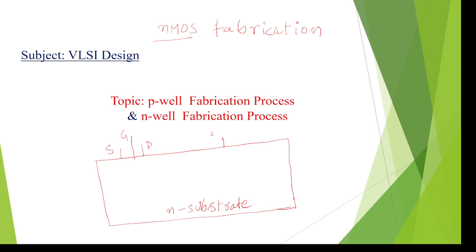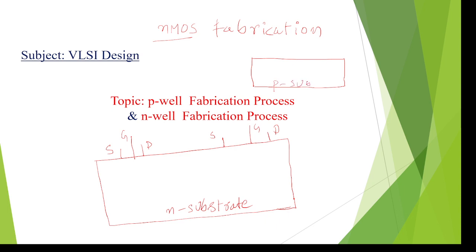Here also we need to design the source, gate, and drain terminals, with one transistor on the left side and one on the right side. If you design it this way, it is named the PWell fabrication process. In the NMOS fabrication process, only one transistor is designed using a P substrate.